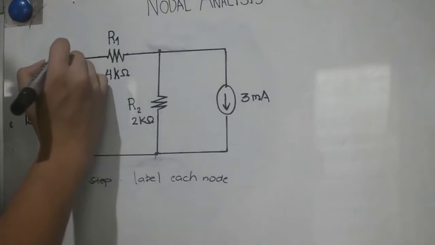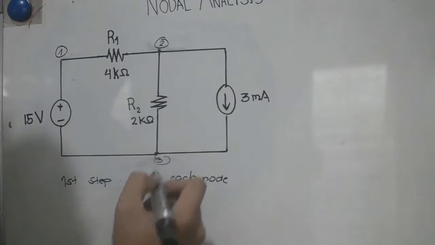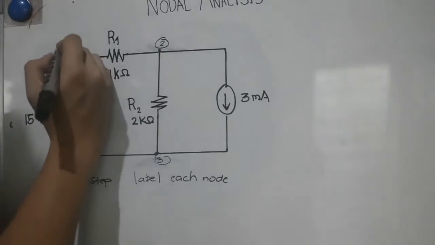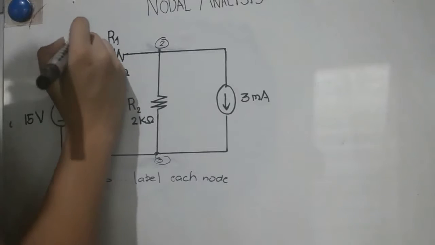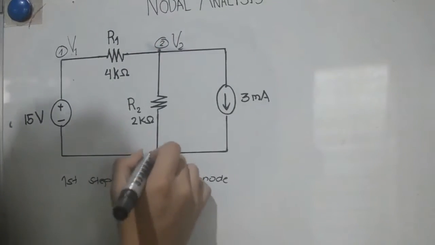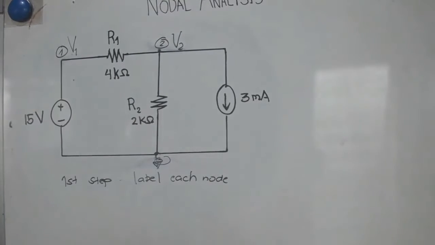There are 3 nodes: Node 1, Node 2, and Node 3. We will call Node 1 as V1, Node 2 as V2, and Node 3 as the reference node, or the ground.